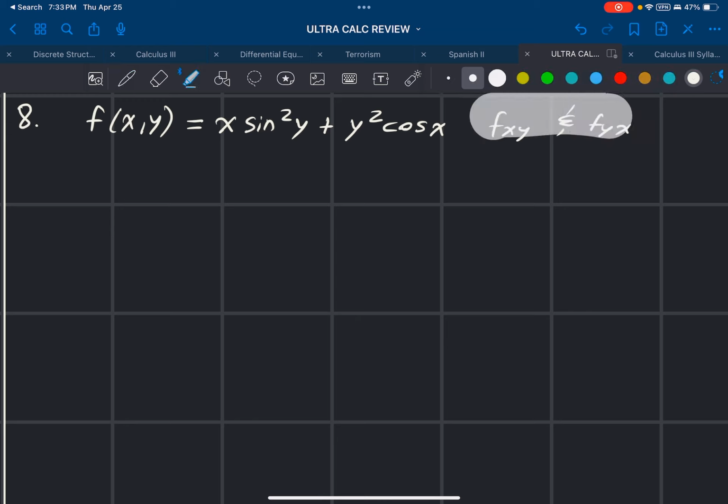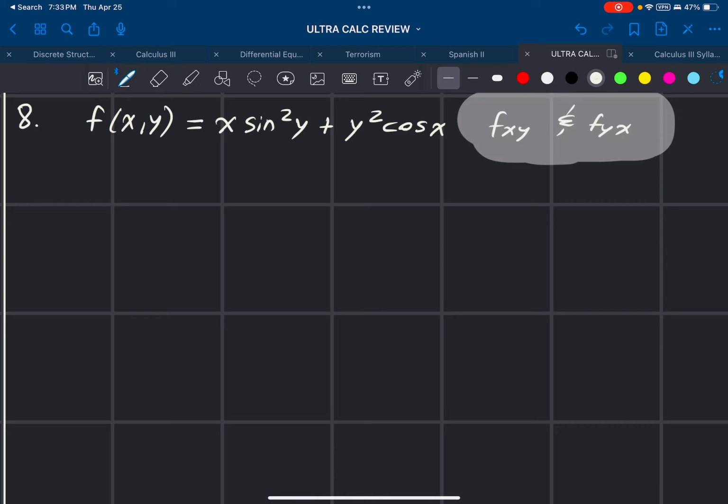What we're going to do here first for these guys is take the partial derivative with respect to x first. So that's just going to give us sine squared y plus y squared negative sine x. All right, and now we need to take it again with respect to y.